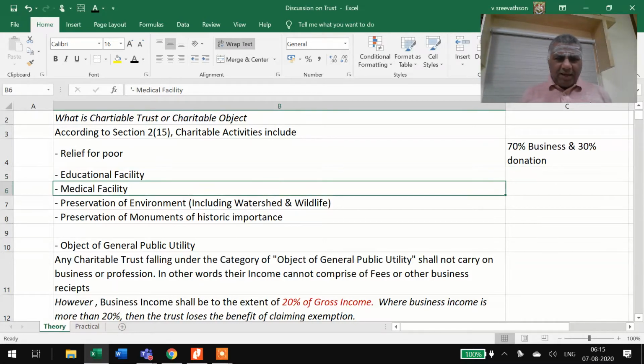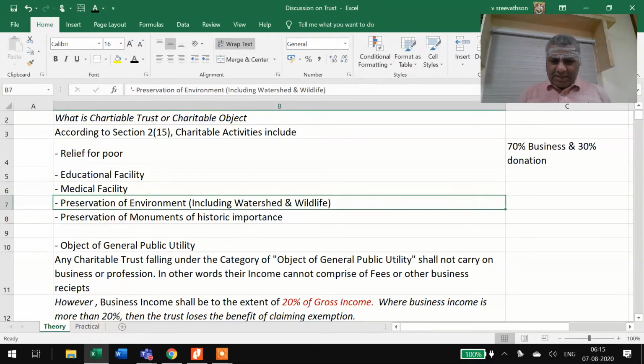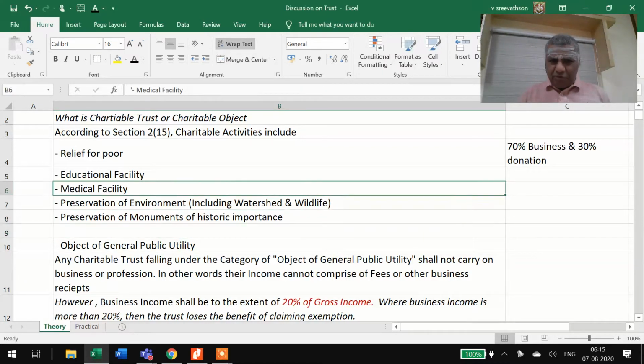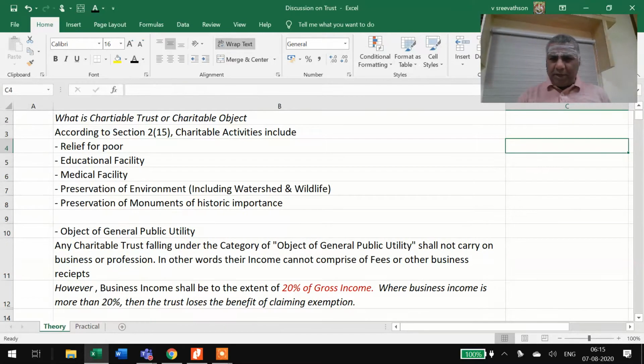So this restriction is only for object of general public utility.